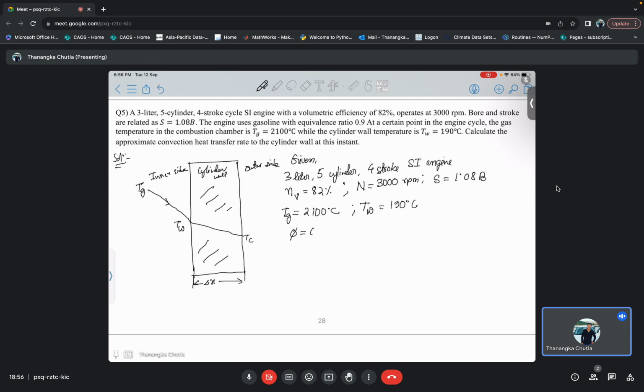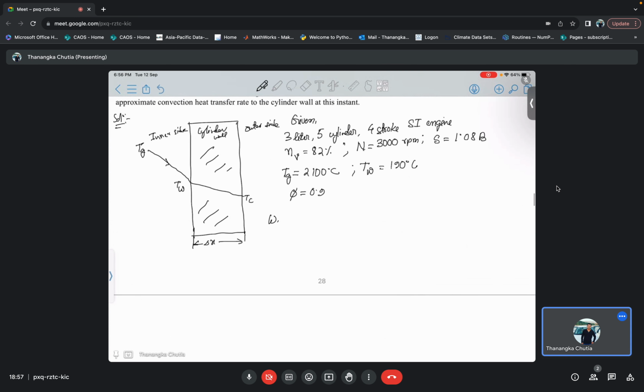Equivalence ratio phi is given as 0.9. So we know convective heat transfer per unit area is equal to what? Q convection, that is equal to H into Tg minus Tw, where H is the heat transfer coefficient.